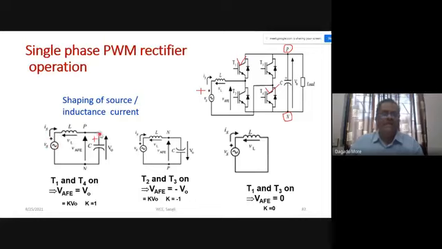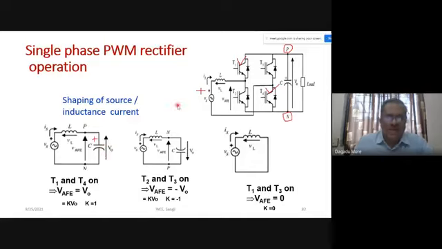Now what will happen to the current? Between Vs and VO, which will be higher? Vs is higher or VO is higher? The higher quantity will be VO, and this capacitor voltage is opposing the supply voltage.